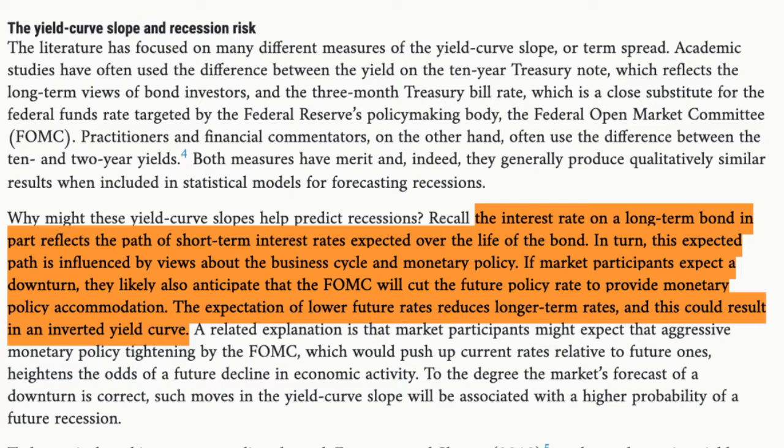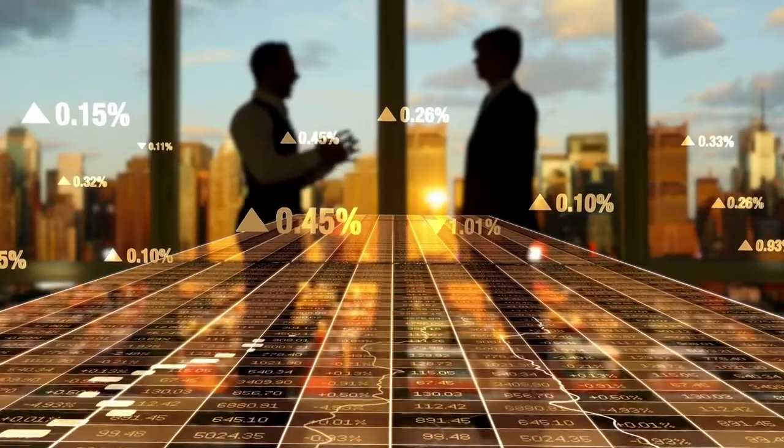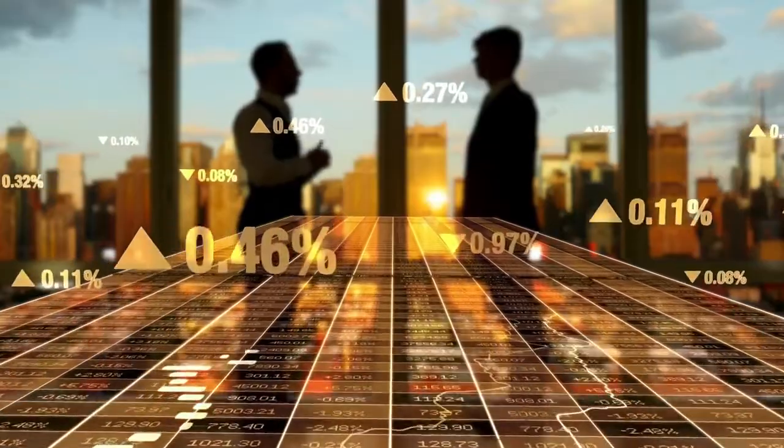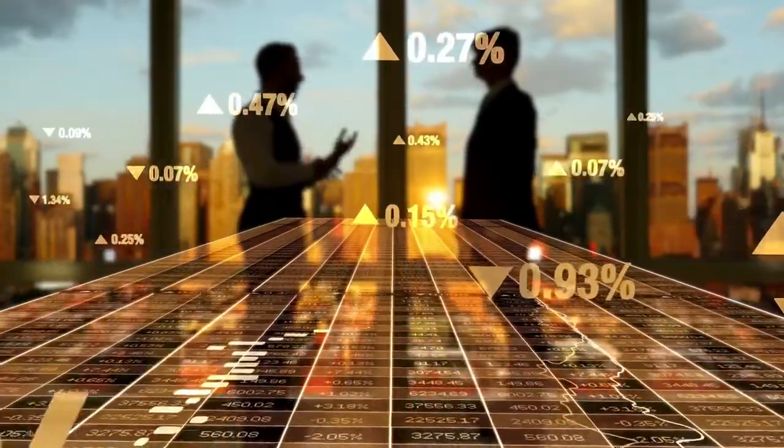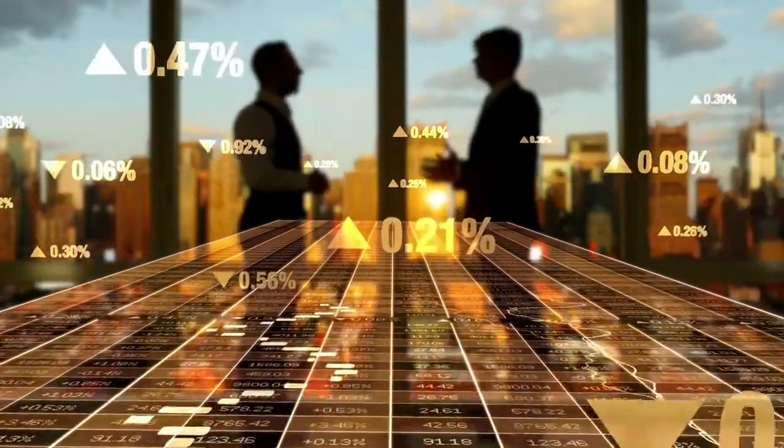If market participants expect a downturn, they likely also anticipate the Federal Open Market Committee will cut the future policy rate to provide monetary policy accommodation. The expectation of lower future rates reduces longer-term rates, and this could result in an inverted yield curve." End quote. Recall that the current yield and market price of treasuries are inversely correlated.